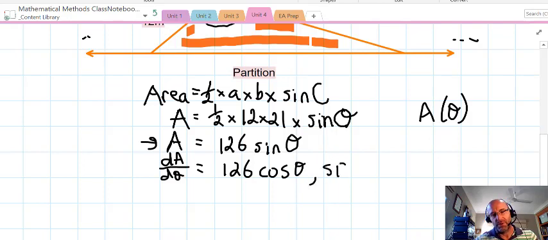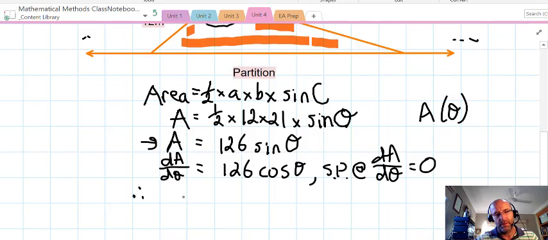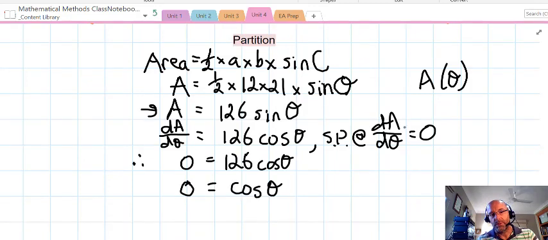So the stationary point is at the value of theta where dA d theta equals 0. So 0 equals 126 cos theta. When we have 0 equals cos theta, we need to realize we have some restrictions here.